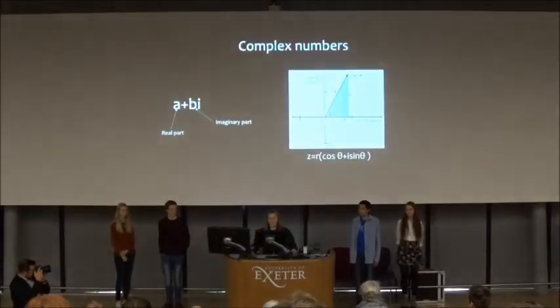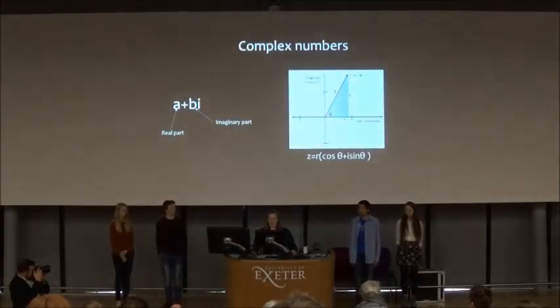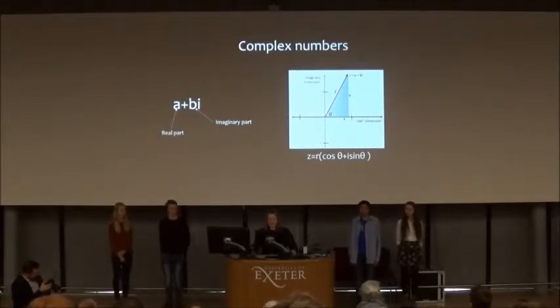Complex numbers are usually written as a plus bi, a being the real part and b being the imaginary part. We can also draw a graph with the x-axis being the real dimension and the y-axis being the imaginary dimension. We also have r, which is called the modulus, the distance from the origin. And we can also work out z by doing some trigonometry and Pythagoras.